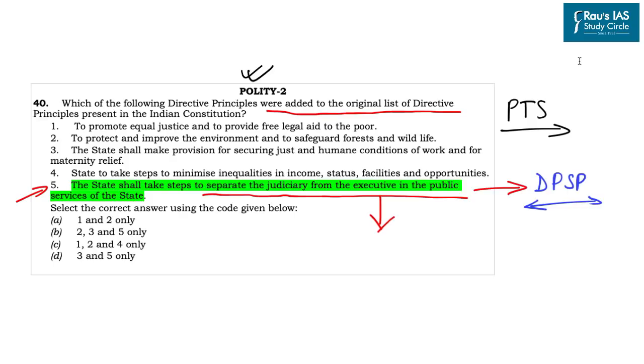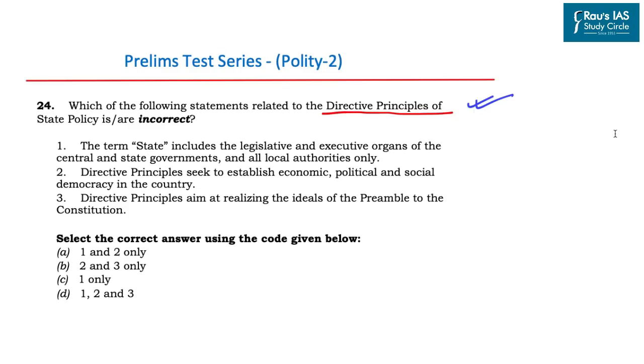Earlier we saw a question which asked which were the original provisions of DPSP and which were the provisions which were added later. And again, a concepts based question on DPSP was asked, asking which of the statements were incorrect.